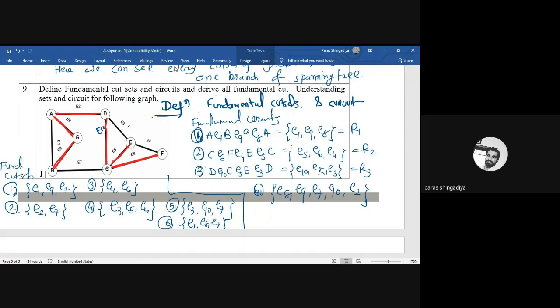Is there any confusion for anyone? You can add some more examples here, not only four. You can find a fifth example. Is any other circuit possible? Just check it.